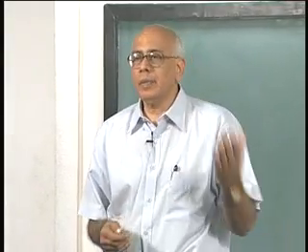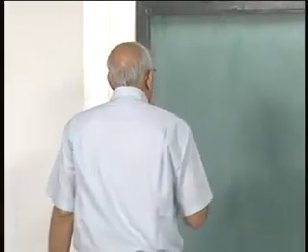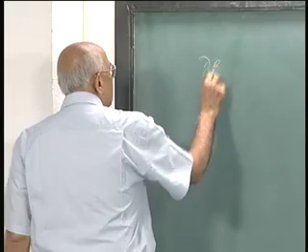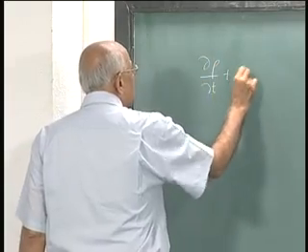Alright, what I would like to do today is go back a little bit to the Schrodinger equation for a particle moving in 3 dimensions and show you that associated with the probability density, which is mod psi squared, there is also a probability current. And whenever you have a density, in electricity and magnetism for instance, there is a current which is related to the density by the continuity equation.